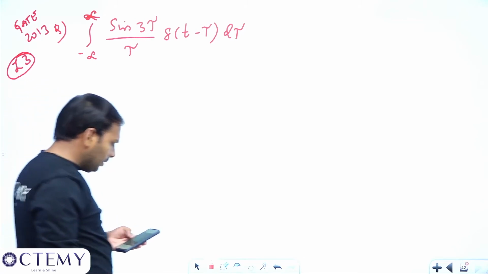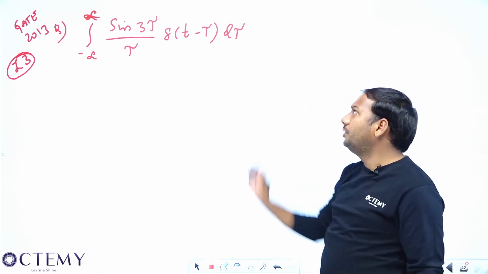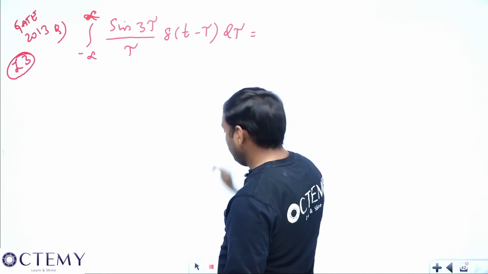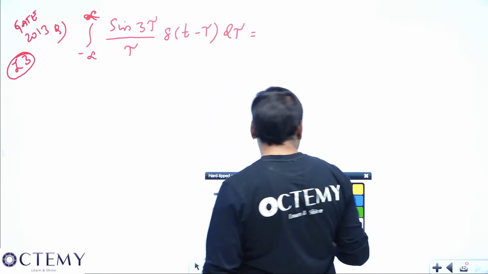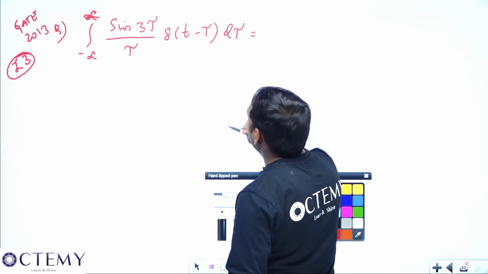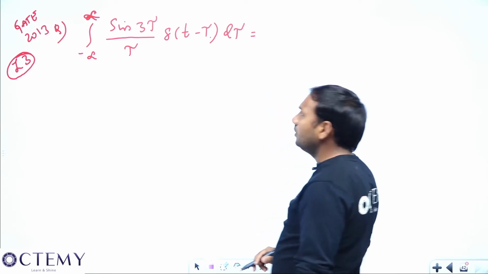So this is a function given in tau, d tau is there. So for better understanding, what I try to do here is make this tau minus t. Is it not possible?